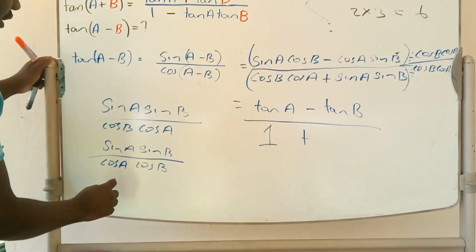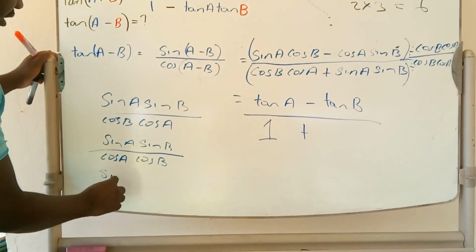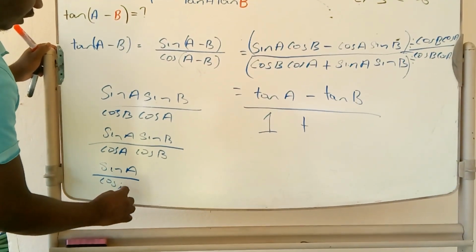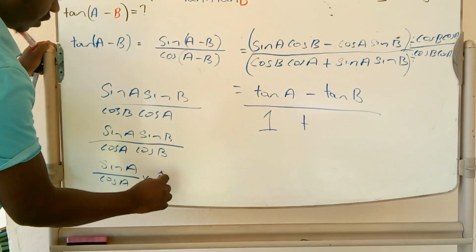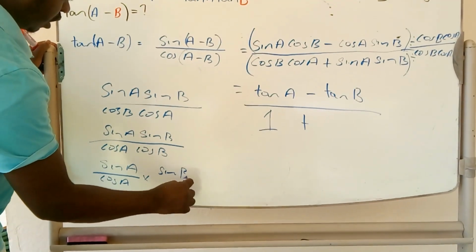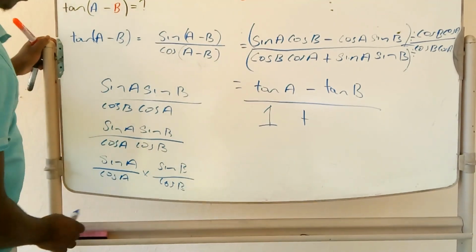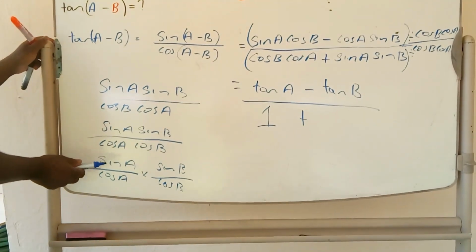So I can now write this as sine A over cos A times sine B over cos B. But what is each of these terms?